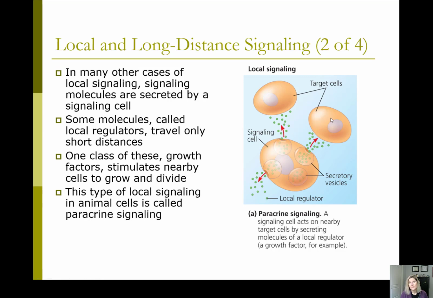And sometimes those signals could stimulate the growth of those target cells, or it can tell it it's time to divide, because there's something going on with this one. So there's a number of things that this can be used for in this local signaling. Okay.